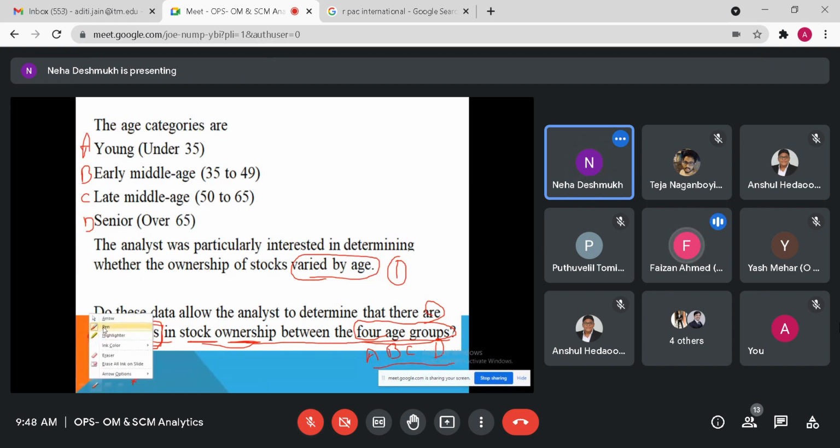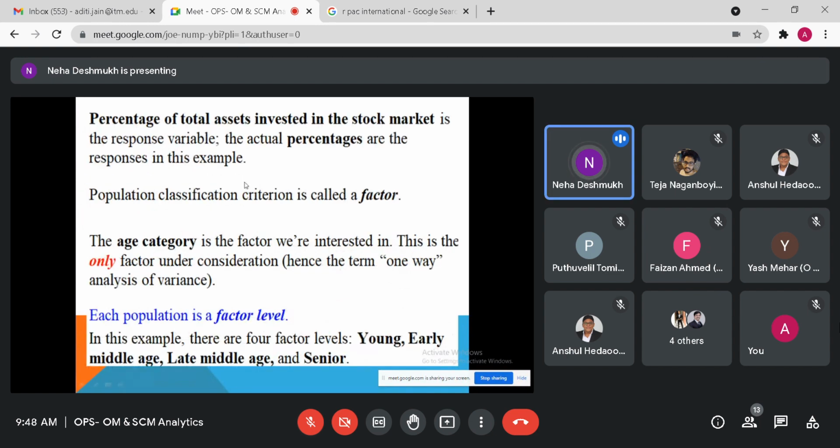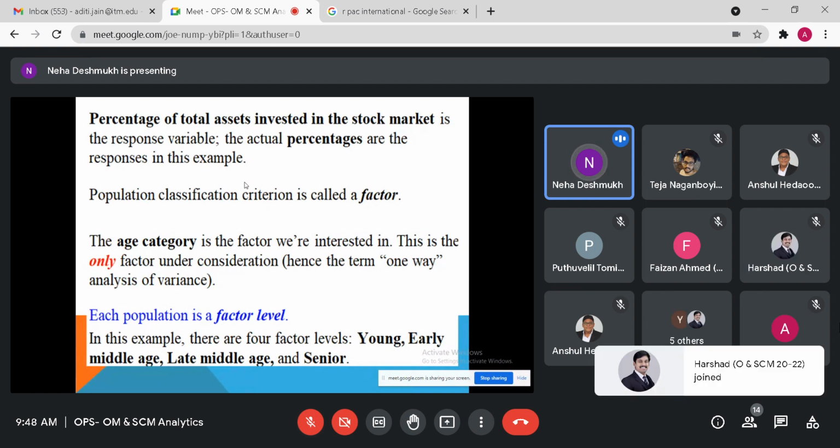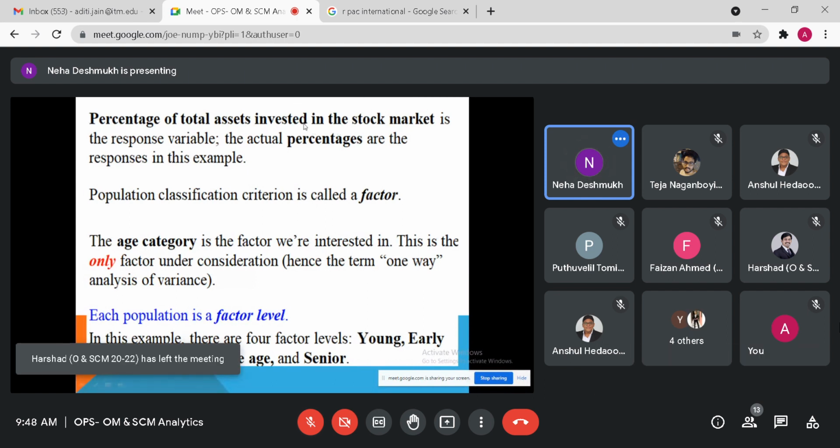Once we have decided we will go for the ANOVA, then what to do? Consider the null hypothesis, then consider the alternative hypothesis. Percentage of total asset investment in the stock market is the response variable, and actual percentages are the responses in this example. Population classification criteria is called a factor.